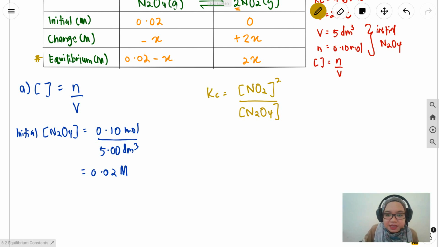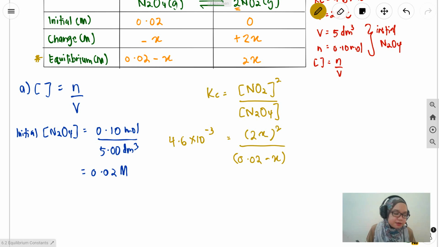Now Kc is equal to 4.6 times 10 to the power of negative 3, which is equal to NO2, 2x, squared, over 0.02 minus x.